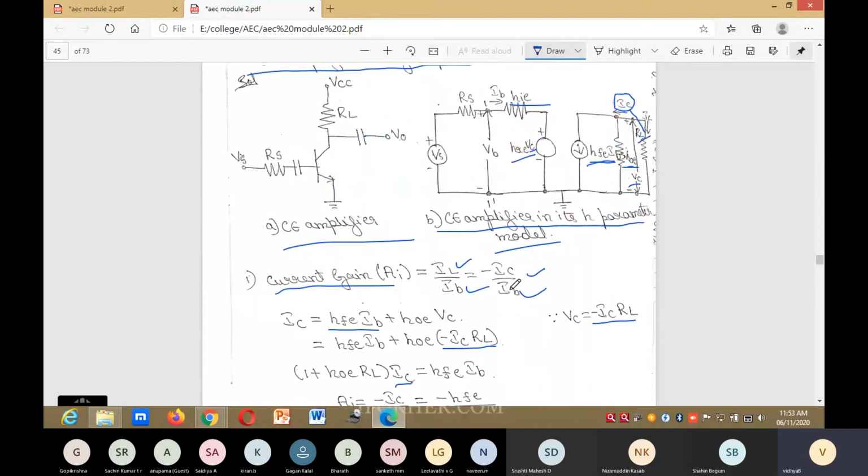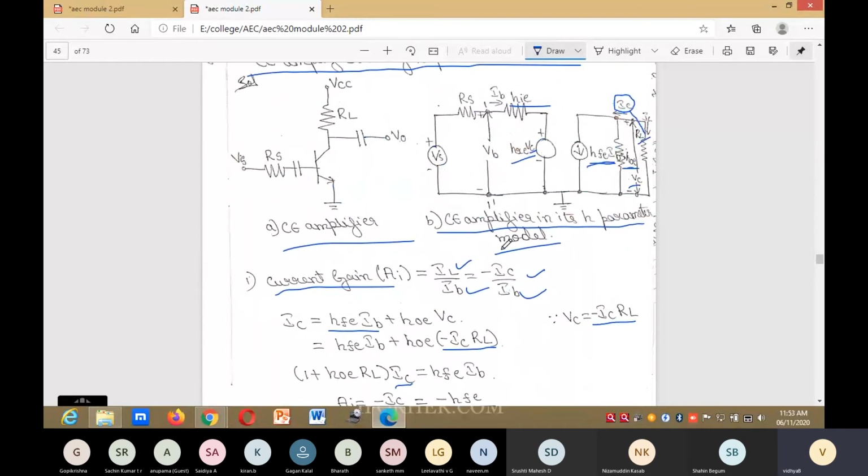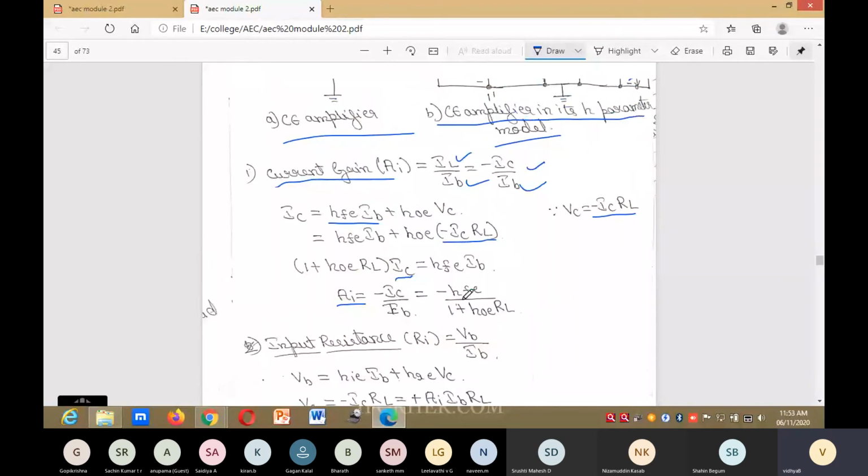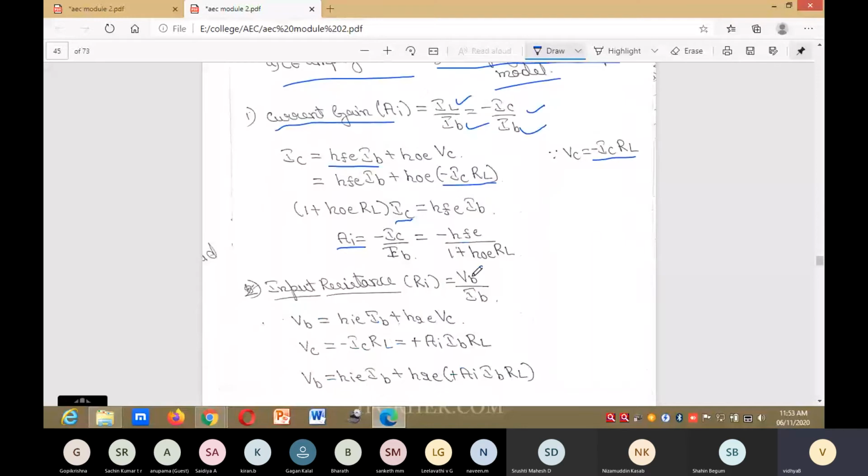Next, we need to find out input resistance. Input resistance is equal to VB divided by IB. Usually resistance we write as V divided by I, but in this case input is the base, so VB divided by IB. VB is equal to HIE into IB plus HRE into VC.